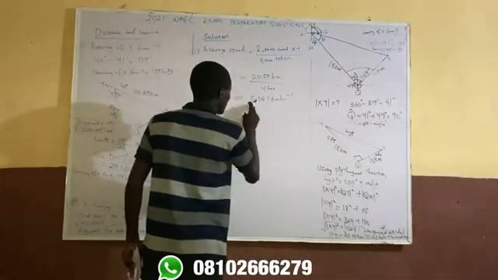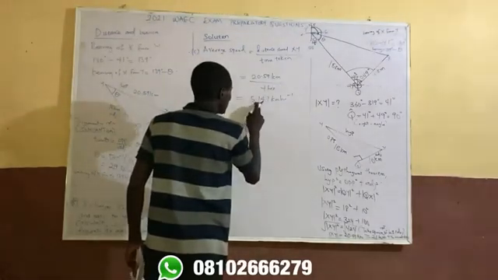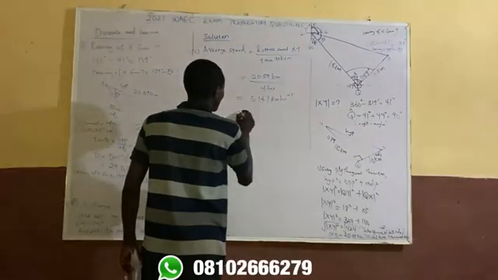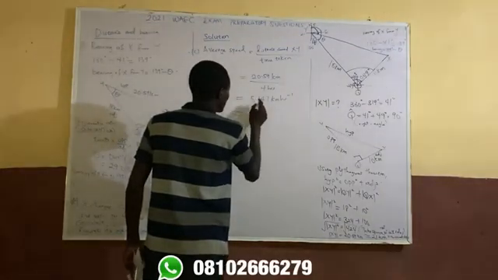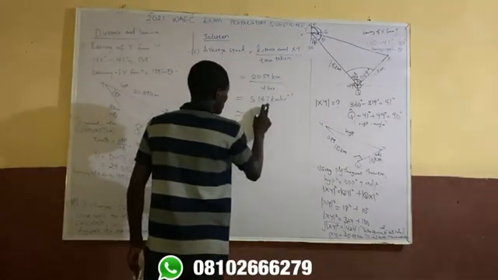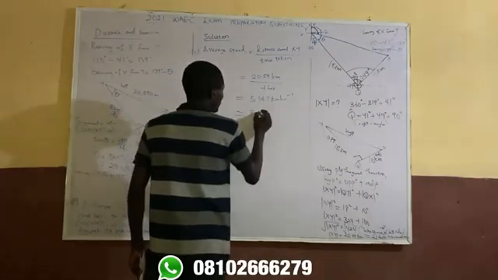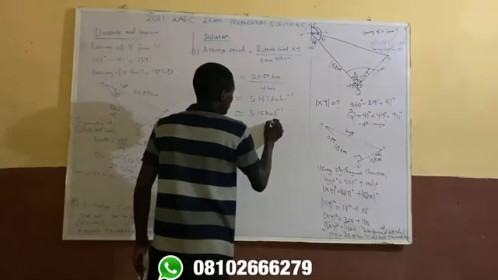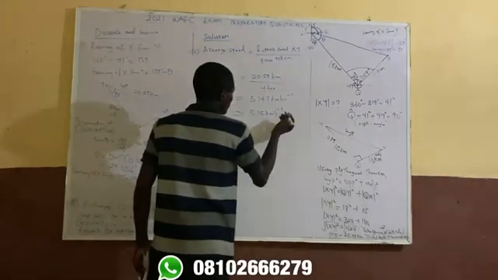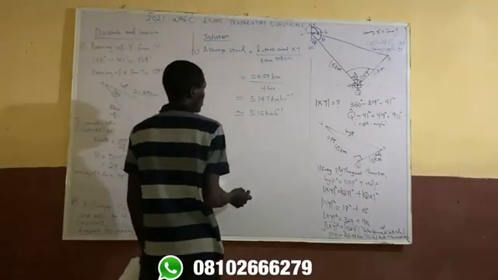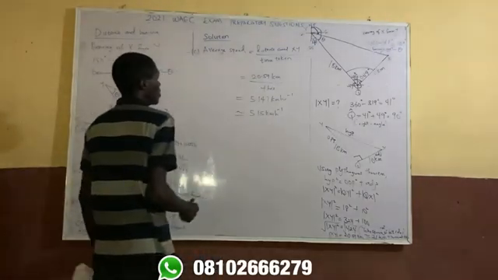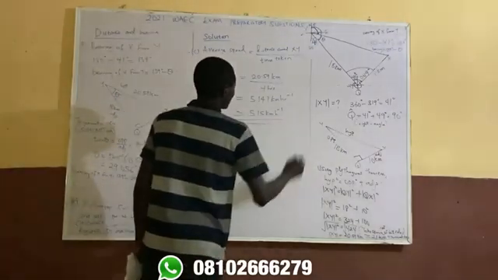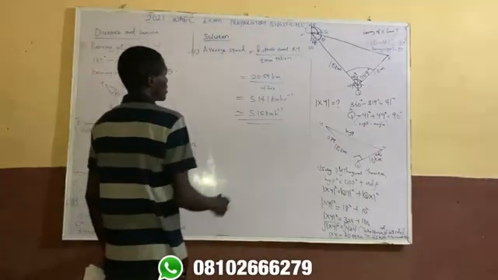This is the third significant figure, and this is 7, so approximately it will be 5.15 kilometers per hour.